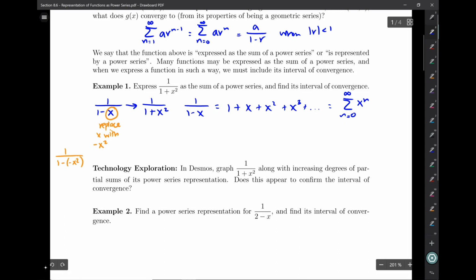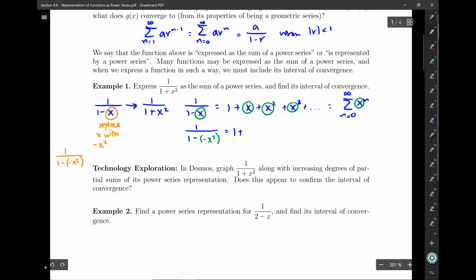Okay, so now when I do 1 over 1 minus, I'm going to, again, replace the x with a negative x squared. And doing that will create the 1 over 1 plus x squared that I'm looking for. So now when I do that replacement, when I replace this x here, I just need to do that in all the other situations as well. We're going to replace all of these x's with a negative x squared.